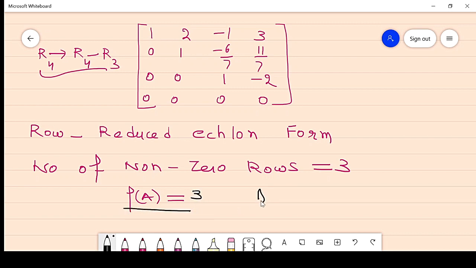So that is our answer. In this way we can find the row rank.